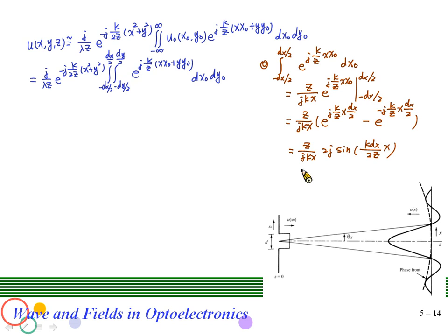And after some arrangement, it can be re-expressed as a sine function divided by this value. So the integral with respect to x0 can be obtained as this one. Then the total integral can be written as this equation.